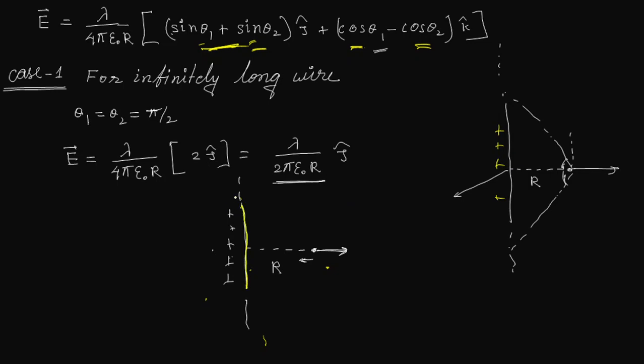If we have an infinitely long wire, and we want to calculate the electric field at a perpendicular distance from the wire, then the magnitude of the electric field will be lambda divided by 2 pi epsilon r, and the electric field will always be normal to the wire. If the source charge is positive, then it will be away from the source charge, and if the source charge is negative, then it will be towards the wire.